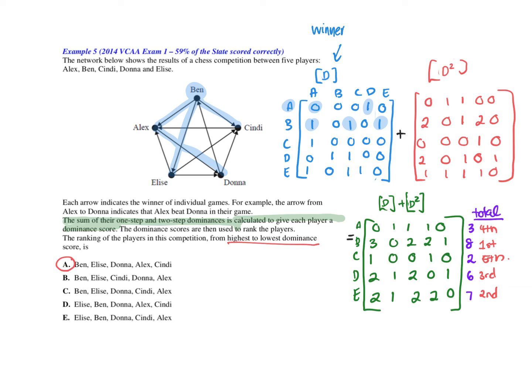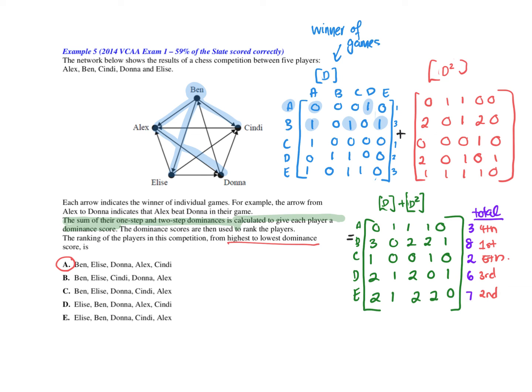If you added up their totals, this one was 1, this guy was 3, this was 1, this one was 2, and this one was 3. You can see you don't get a winner because there's 2 people that won 3 games.